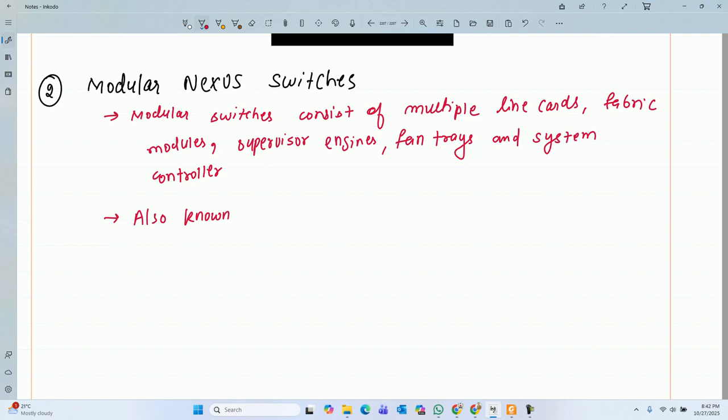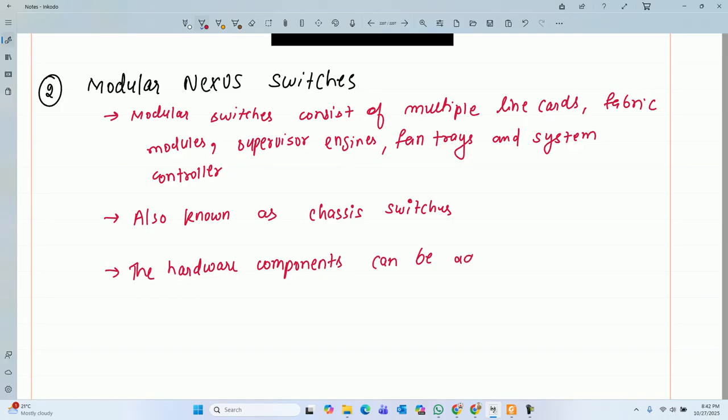Also known as chassis switches. The hardware components can be added, removed, replaced, or upgraded independently.